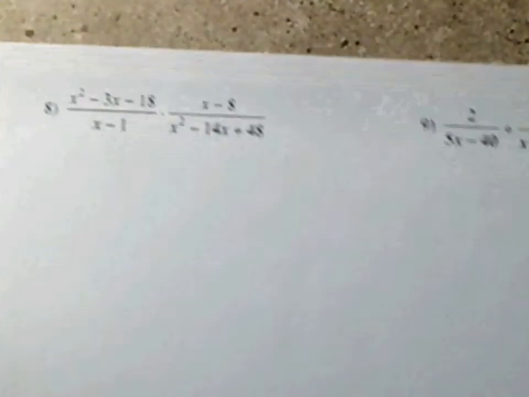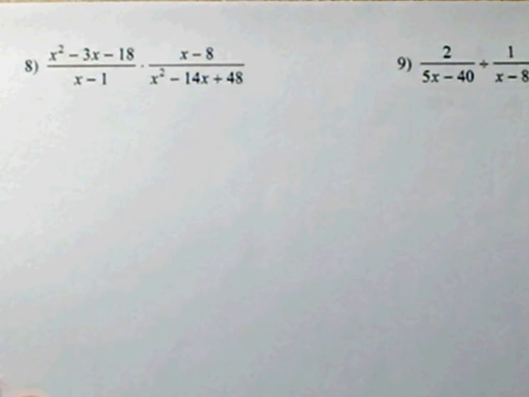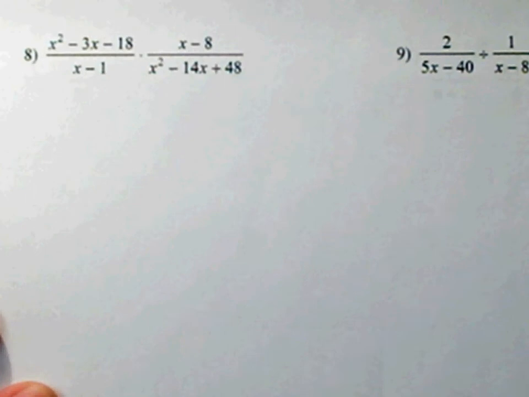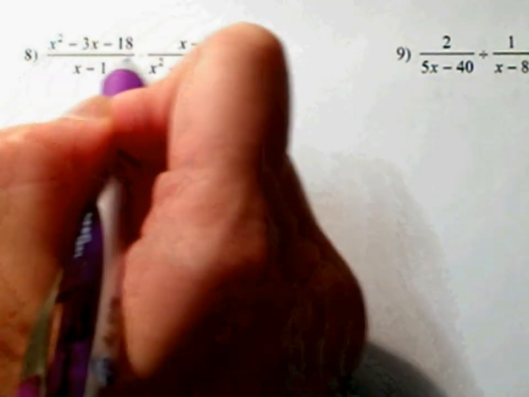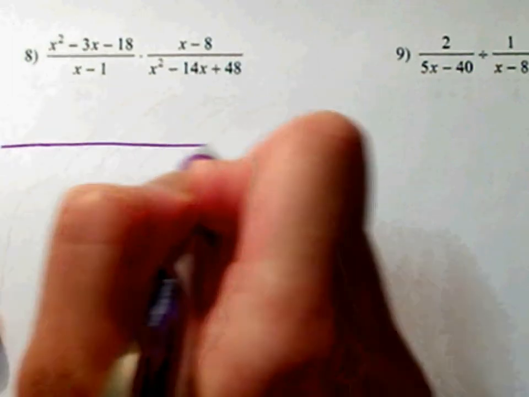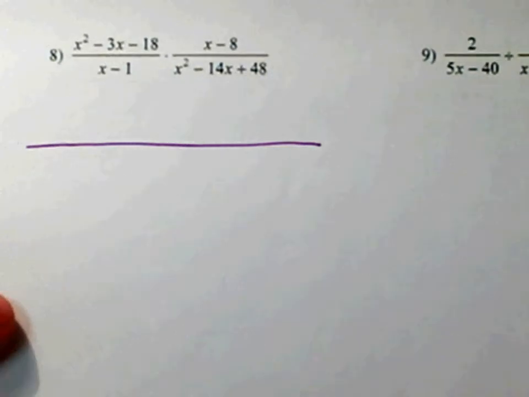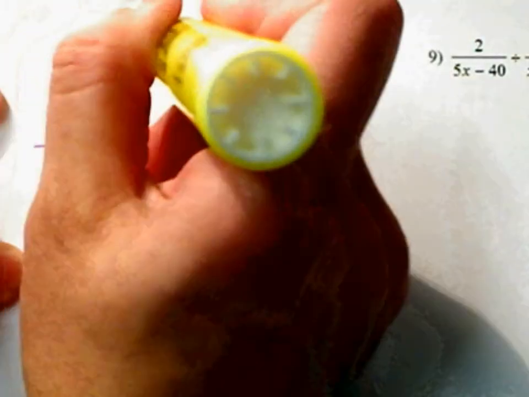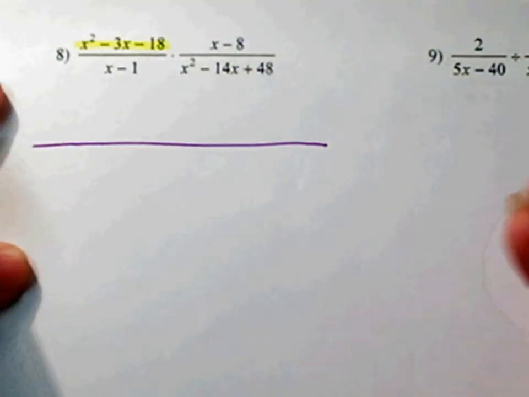Number 8. We are now multiplying, and the easiest way to think about multiplying is pretty much just make one straight fraction, one big fraction. So I'm going to go ahead and draw my line to make one big fraction. Take a look at that first group right here. Do you need to factor that one down? Yes, that's a quadratic.